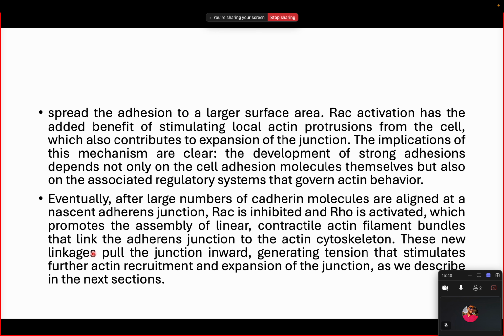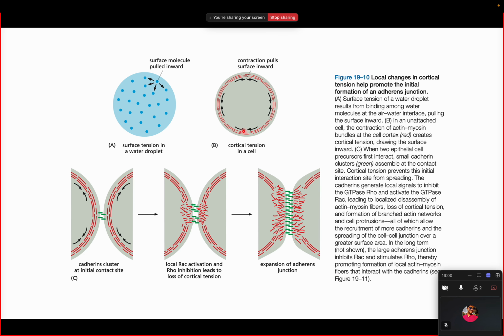These new linkages pull the junction inward, generating tension that stimulates further actin recruitment and expansion of the junction, as we can see here in the figure.